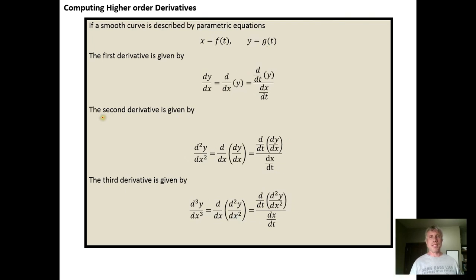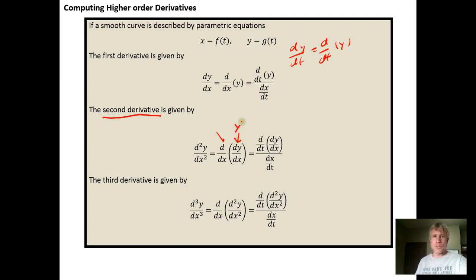If I wanted the second derivative, I recognize that the first derivative is d dx of y, which is dy dt over dx dt. Another way of saying dy dt is d dt of your parameterized y. For the second derivative, we would do d dx of dy dx.